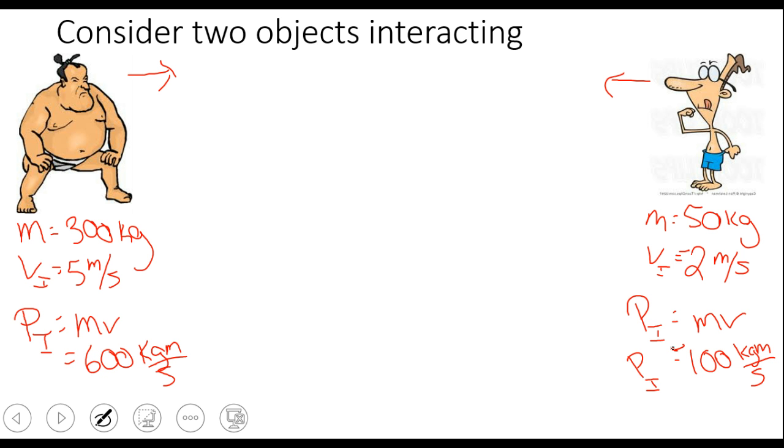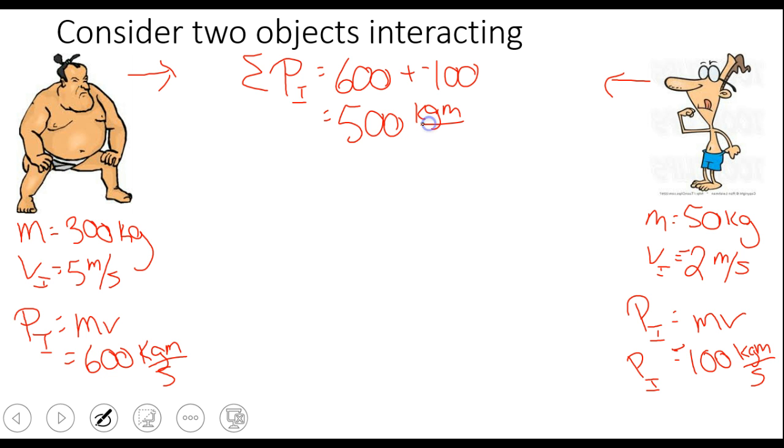And so when I talk about the initial momentum of the system total, the sum of the momentums, I'm looking at 600 plus negative 100, which is going to give me a total momentum of 500 kilogram meters per second for the initial momentum of the system.